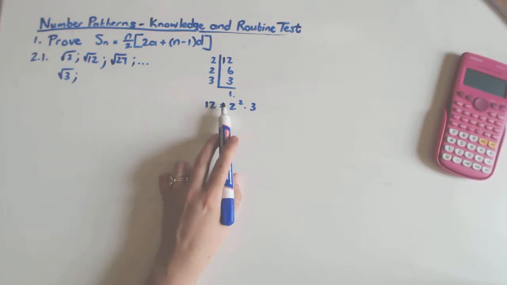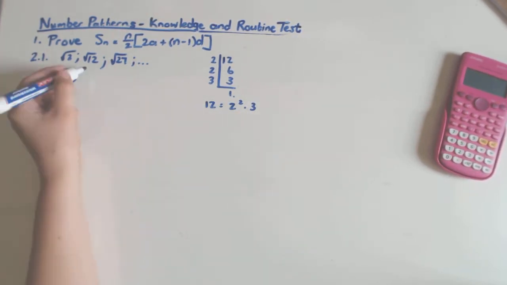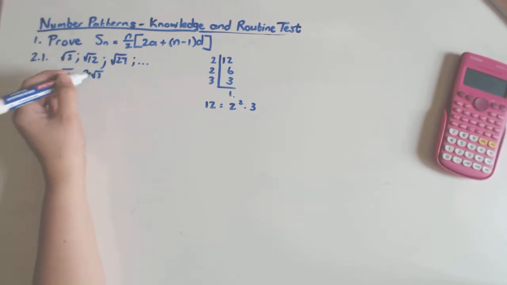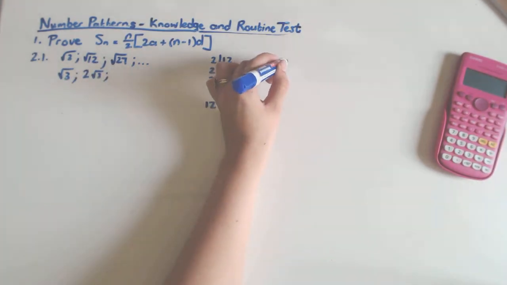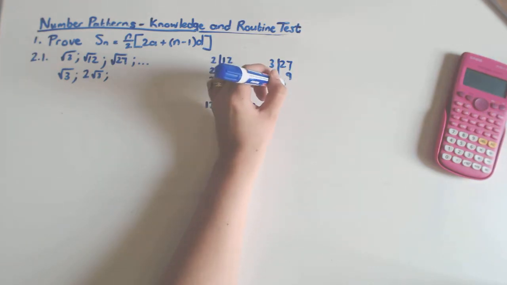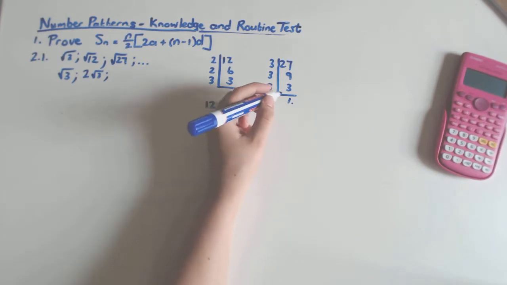And if I take the root of this, the root of 2 squared is 2, and the root of 3 I can just write like that. And then 27 I know is 3 cubed, but I can just write that like this also if I really need to.